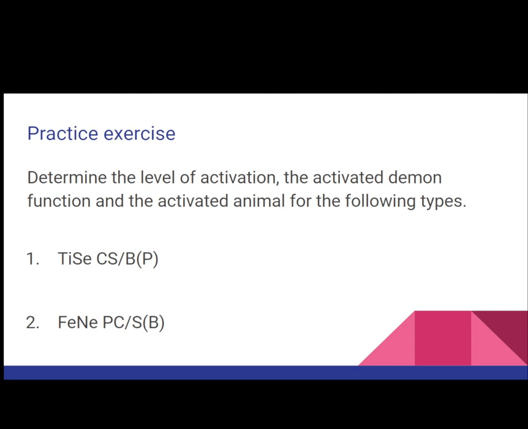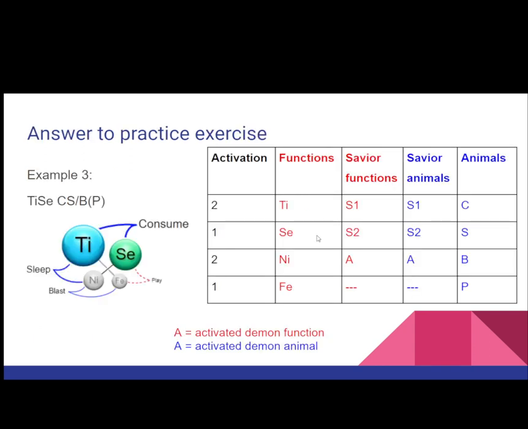Okay, let's do that first one. We have Ti, Se. This is a standard ISTP, Ti, Se, animal stacking: consume, sleep, blast, play. The function order of ISTP is Ti, Se, Ni, Fe.